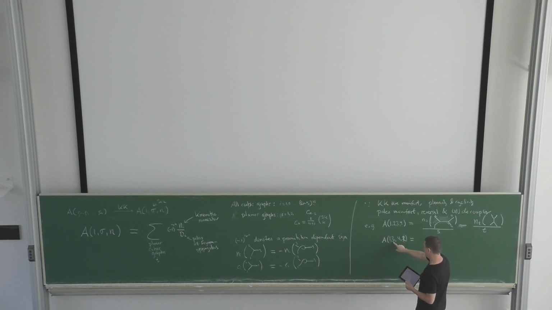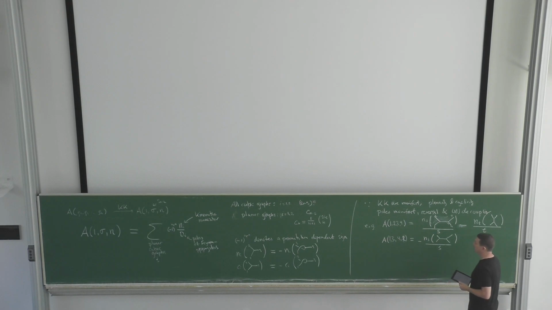So it still has an S channel because leg 3 and leg 4 are next to each other. But you can work out that the sign has to be negative. The reason is essentially that I use cyclic symmetry, but I also permute leg 1 and leg 2, and this graph should be antisymmetric in leg 1 and leg 2.